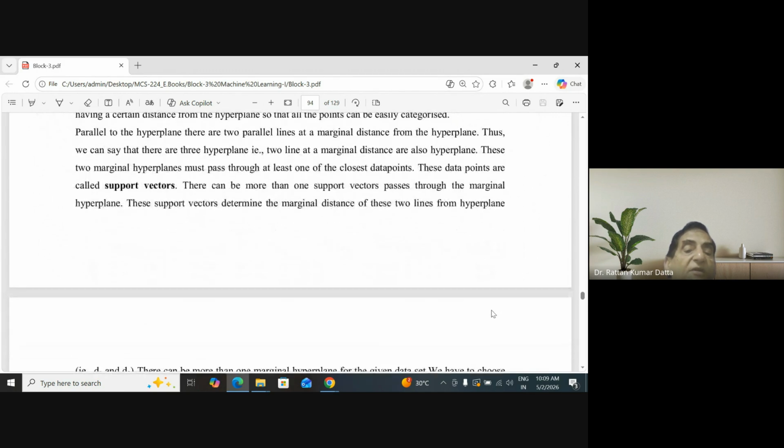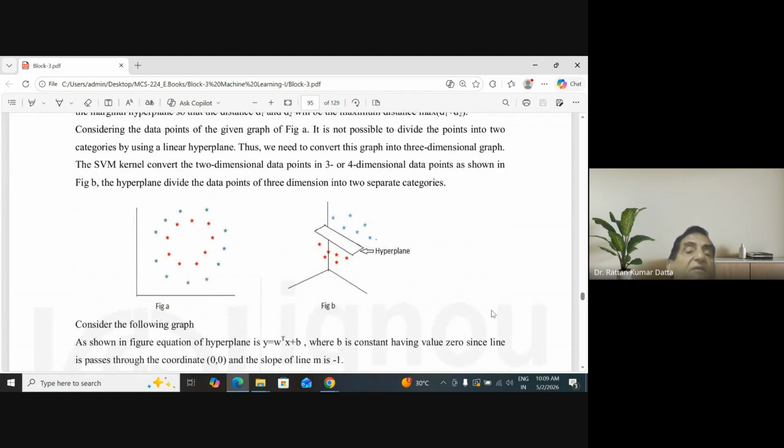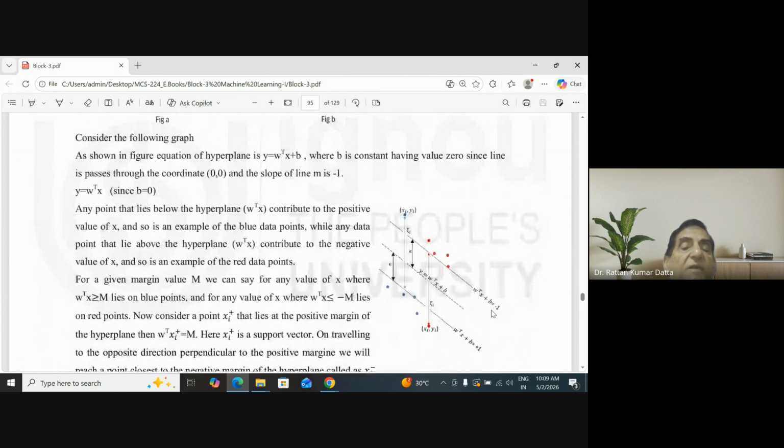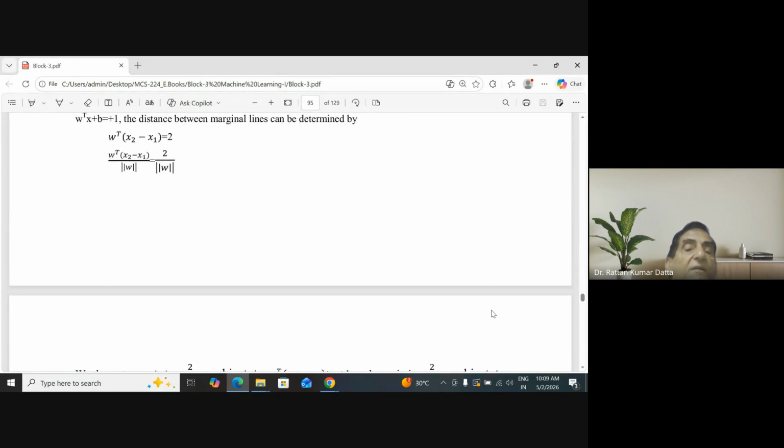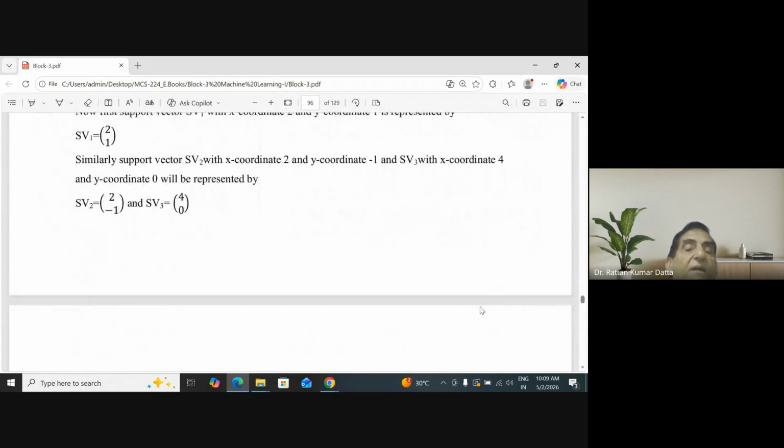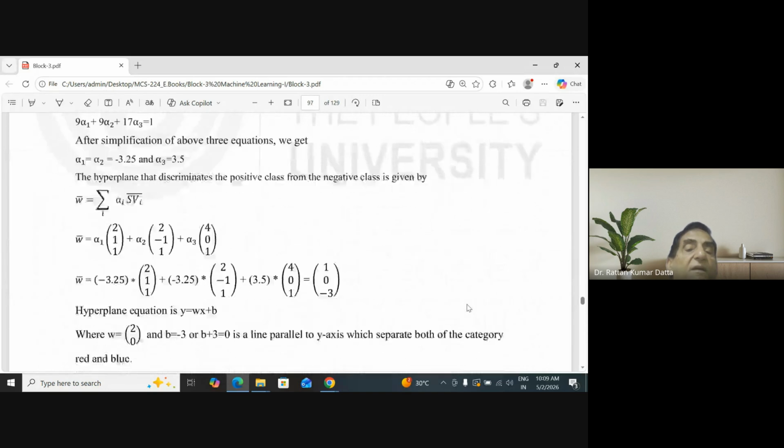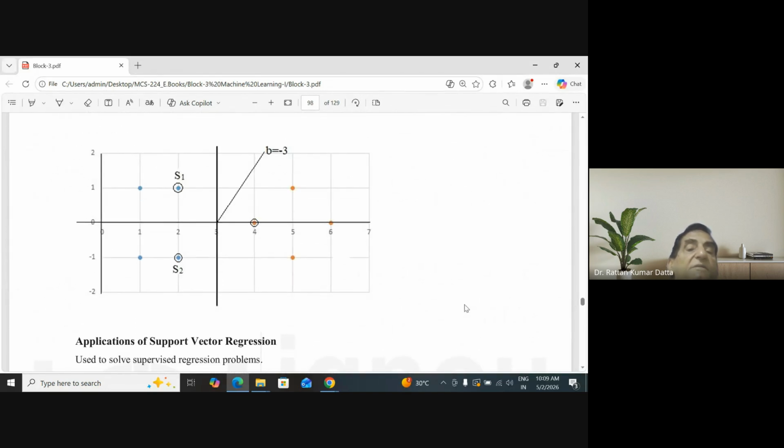So that ultimately makes a thing where you consider the following graph, this figure, equation, this hyperplane and all that. This is all calculation. This is the type of thing. Support vector regression comes.